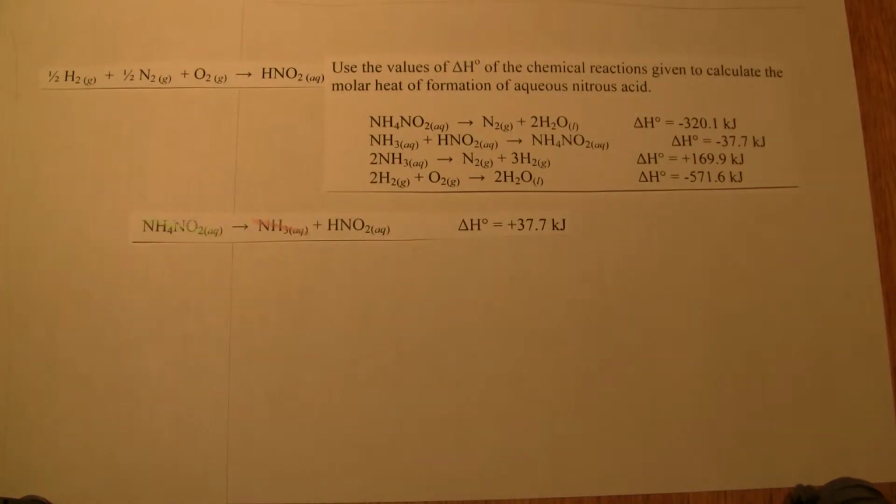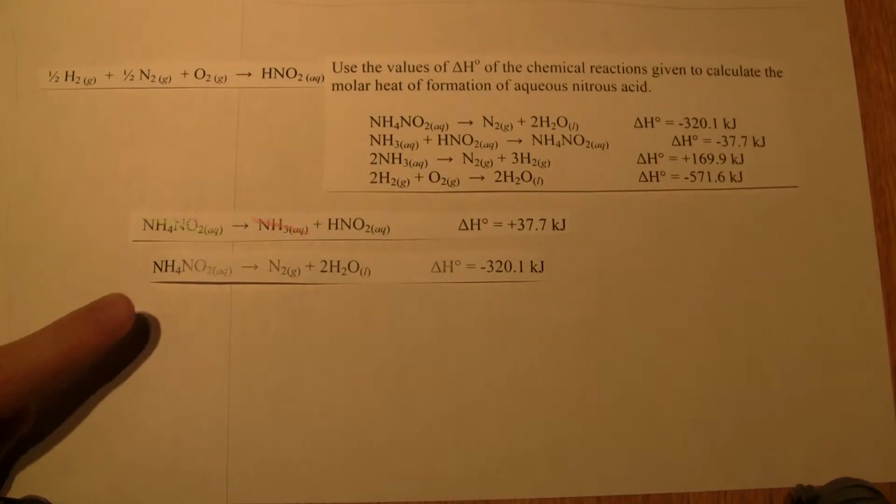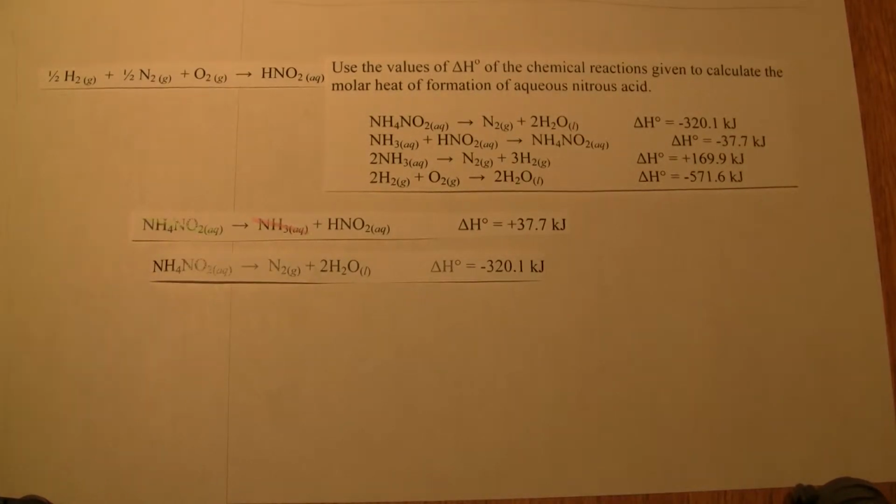The next one I wanted to do was cancel out the NH4NO2. So that's been color-coded because all of the color-coded items will need to cancel out in the final equation. So this is another one of the equations that we were given, one of the originals, that also has NH4NO2.